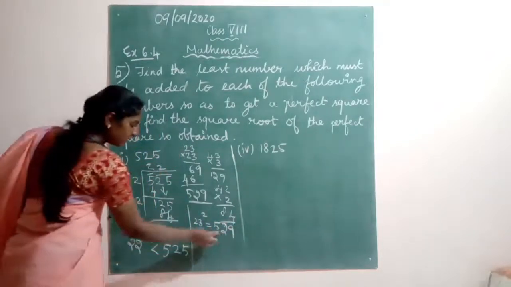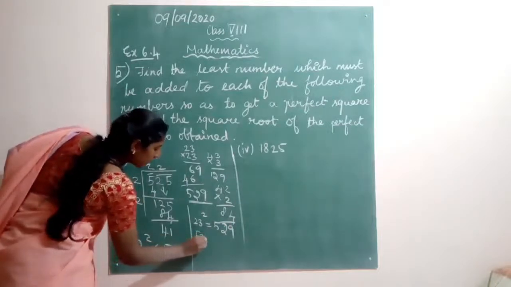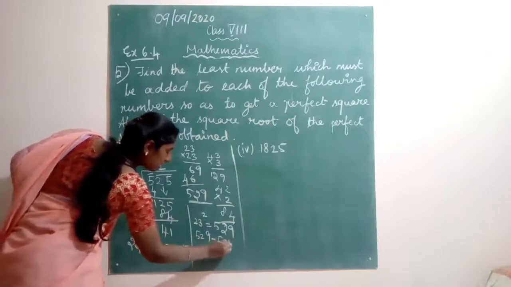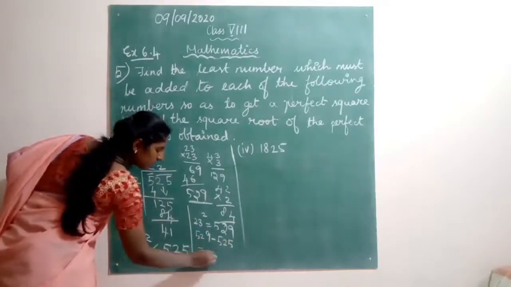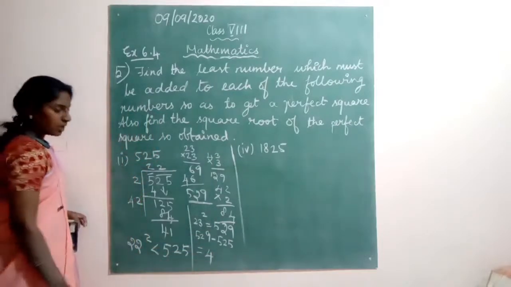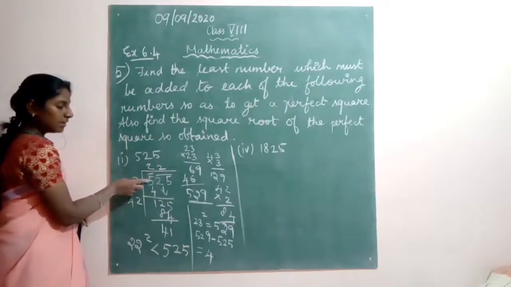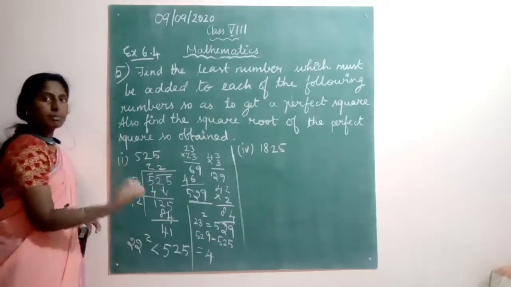Now subtract this one and this one: 529 minus 525. What is the answer? It is 4. So 4 should be added to 525 so that you will get a perfect square.